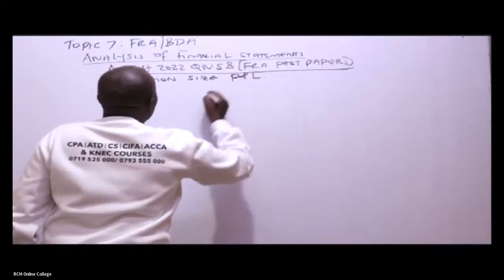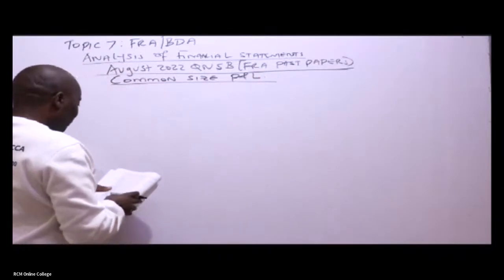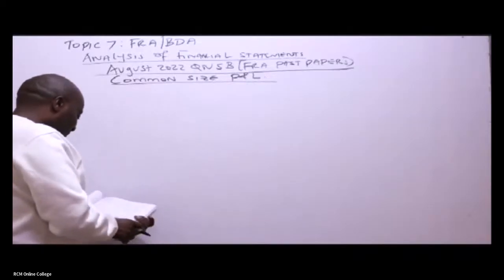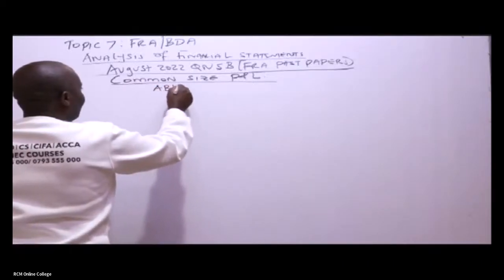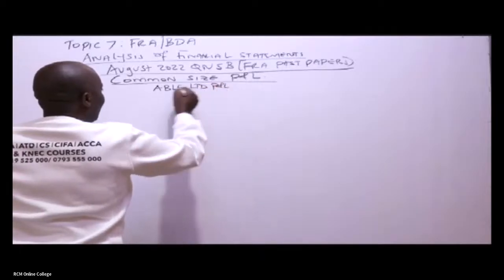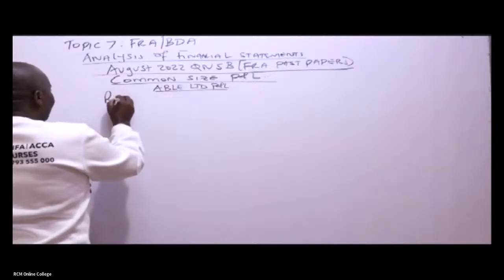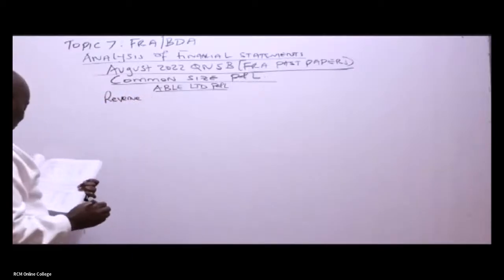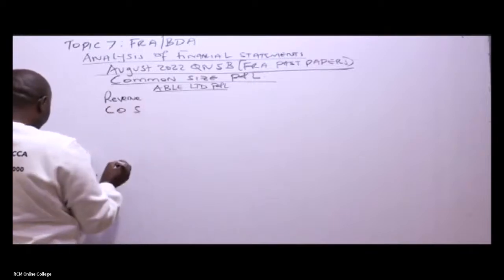Profit and loss. Very easy. So we copy for the first company. So we have here ABO Limited, P and L for ABO Limited. So we have revenue. We have cost of sales.